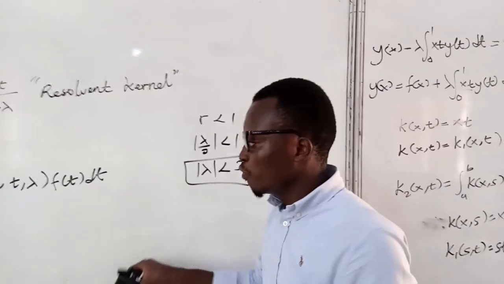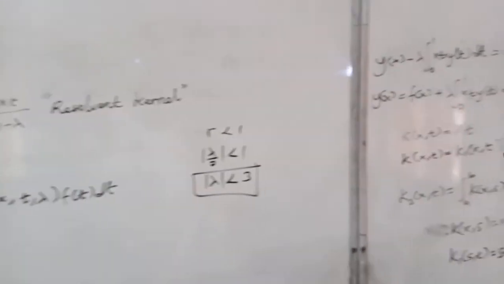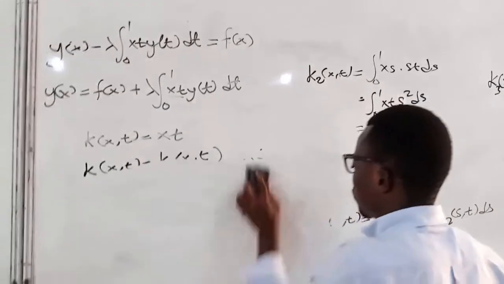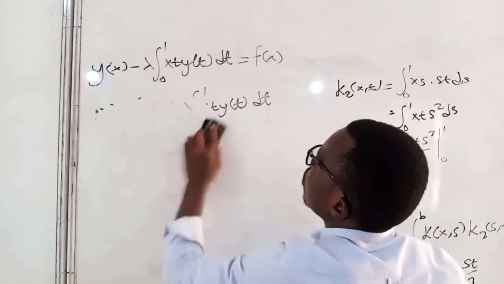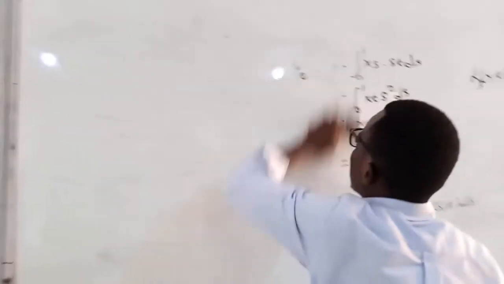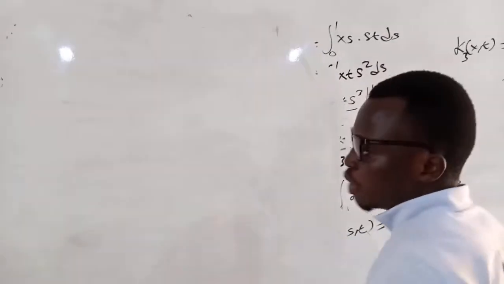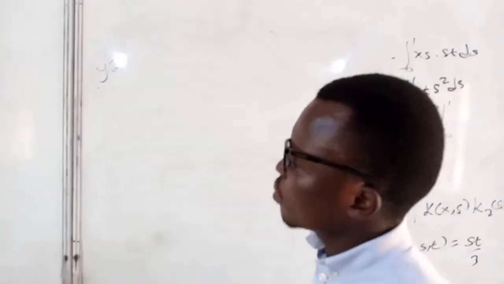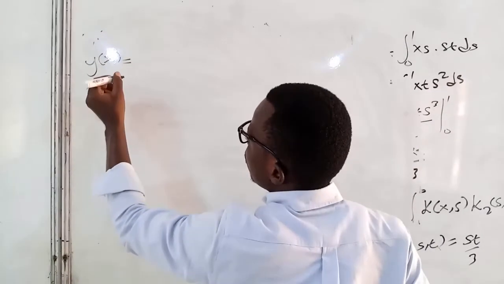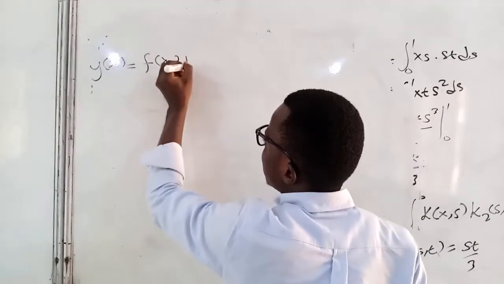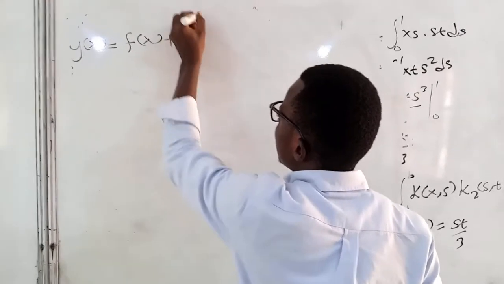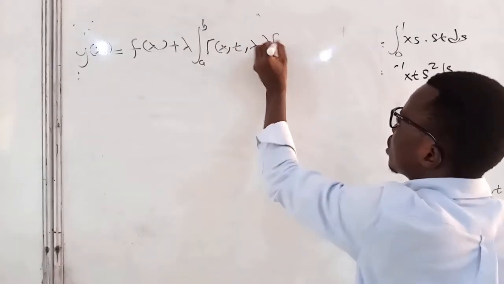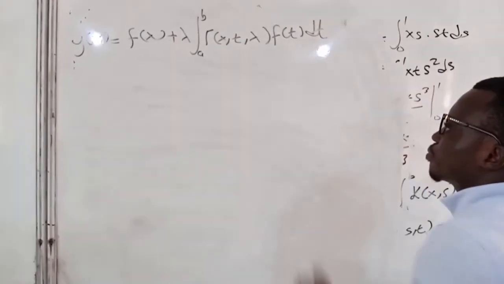Now we need to find the solution for the integral equation. We had our general solution y of s equal to f of s plus lambda integral from a to b of the resultant kernel K(s,t) times f of t dt.